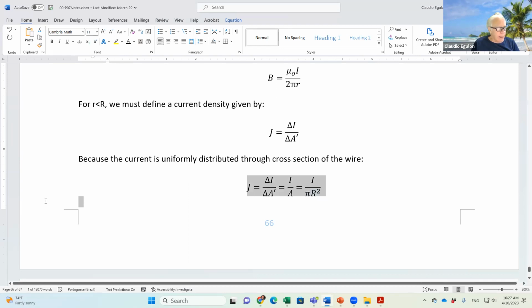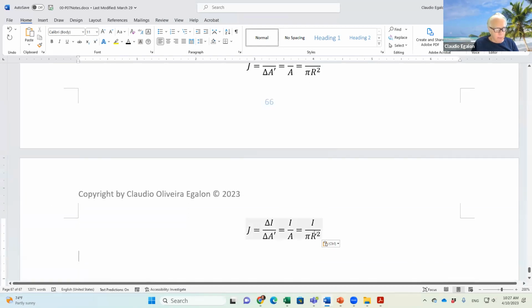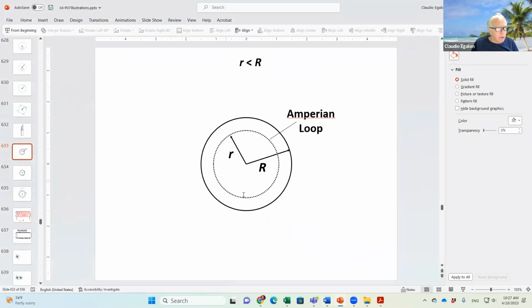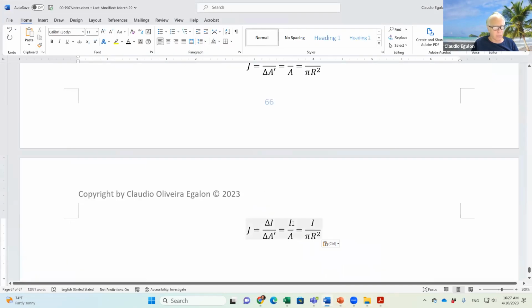And now we have J equal to this. And now we want to find out how much current we have in this small circle that you see right in here, the Amperian circle. My unknown current is going to be this delta I. And my A prime area is going to be pi r squared, with the lowercase r, the generic r.